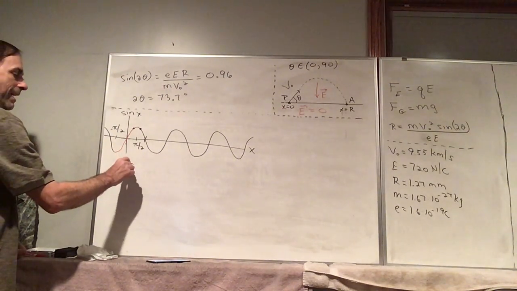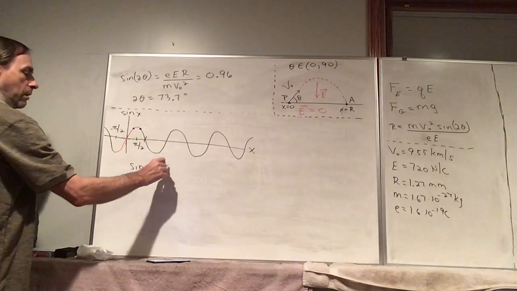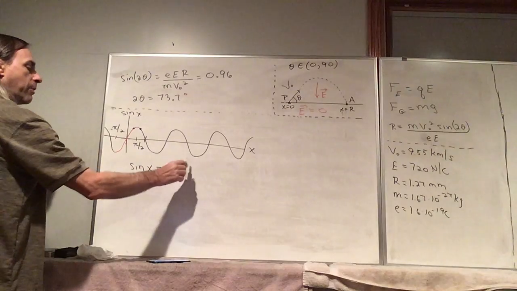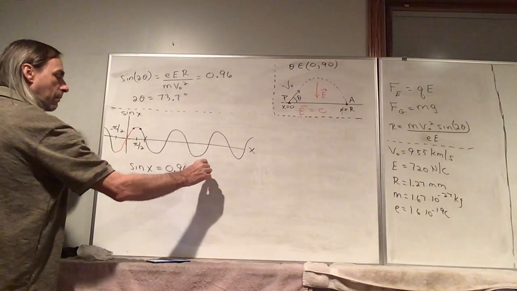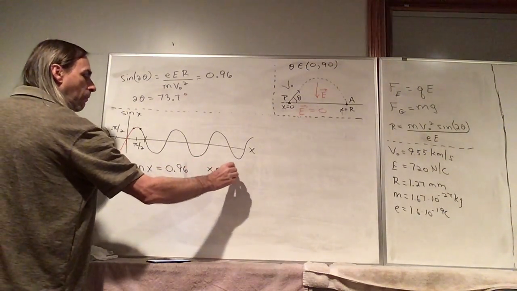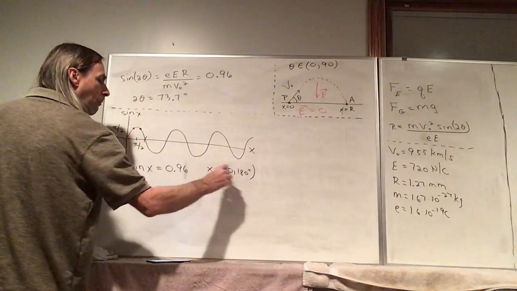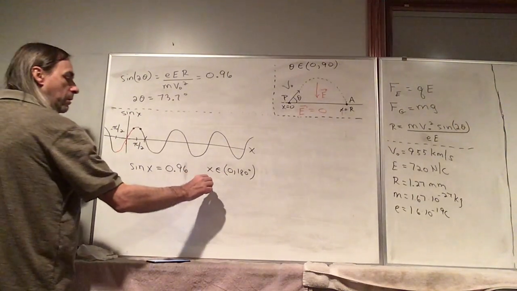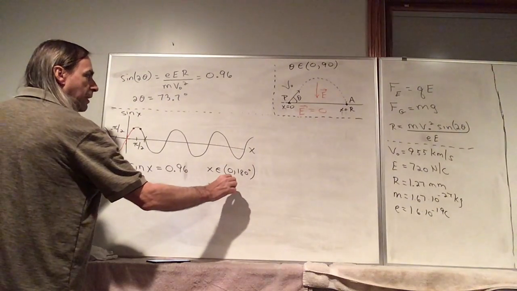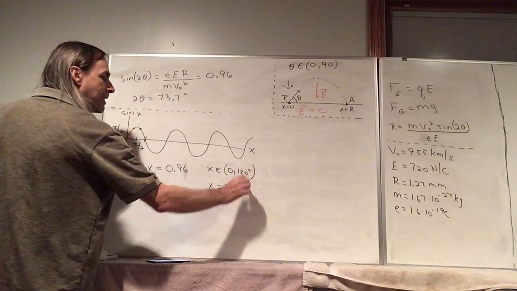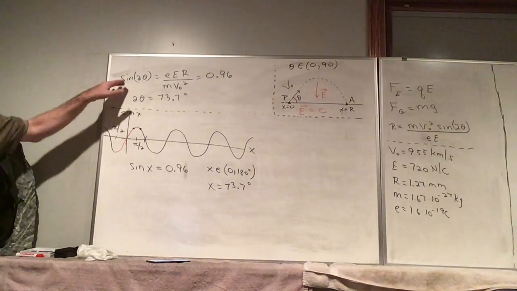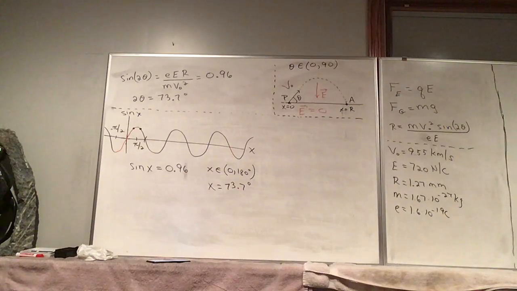So we're solving sine of x equals 0.96, and we're looking between 0 and 180 degrees. And so we found one. We found x equals 73.7 degrees. That's one solution. X is 2 theta. So we're just saying sine of x is 0.96.